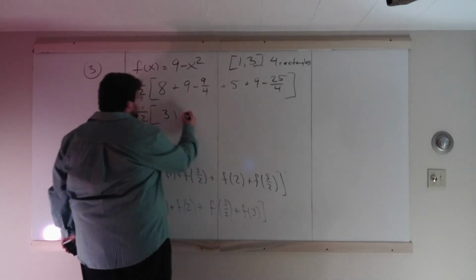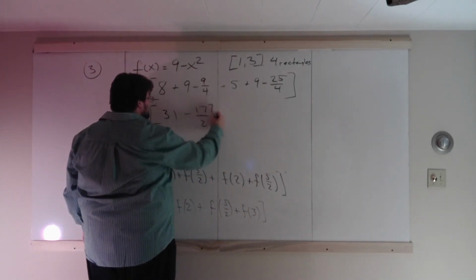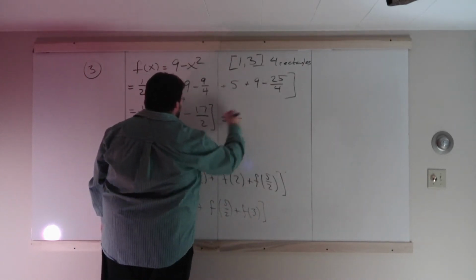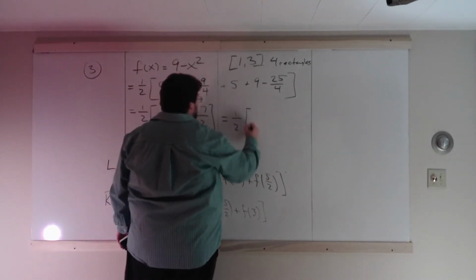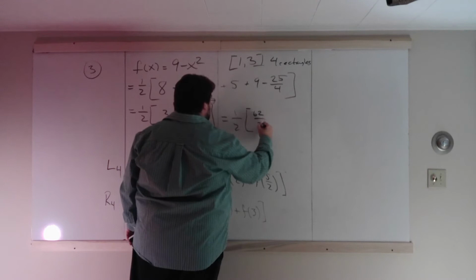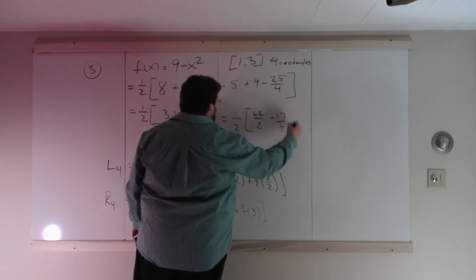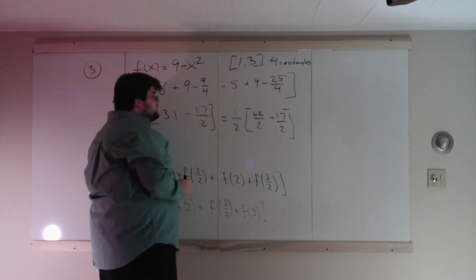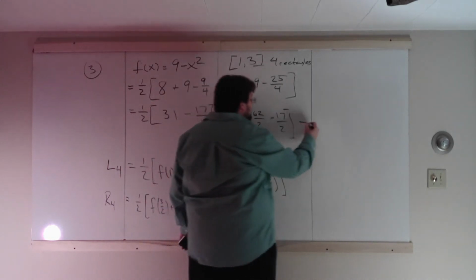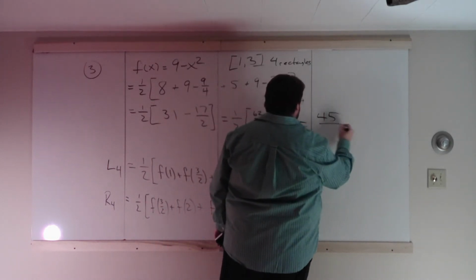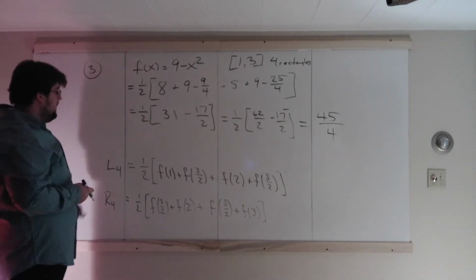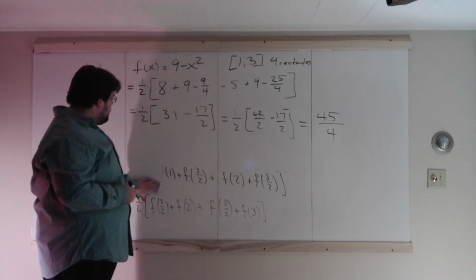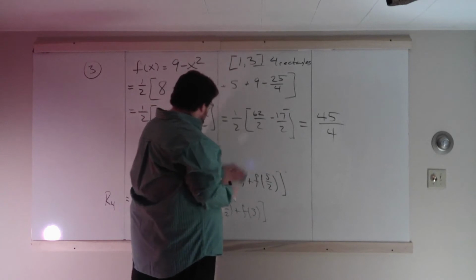So we have 31 and negative 17/2. So that's 1/2 times, 31 is 62/2, 62/2 negative 17/2. 62 and negative 17 make 45. 2 and 2 make 4. So L4 gave us 45/4.